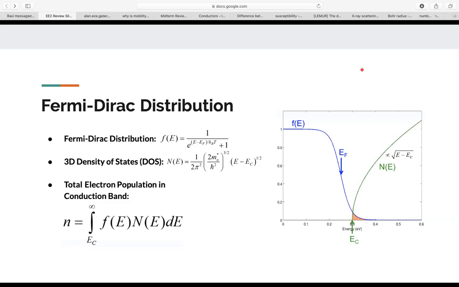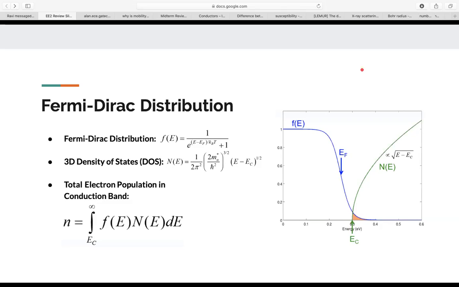Where the arrow is pointing, EF, that's your Fermi level, which is one. We'll show the equation for that later, but that's essentially the middle point of the Fermi-Dirac distribution, and you can use that to say how many carriers are in the conduction band versus the valence band.